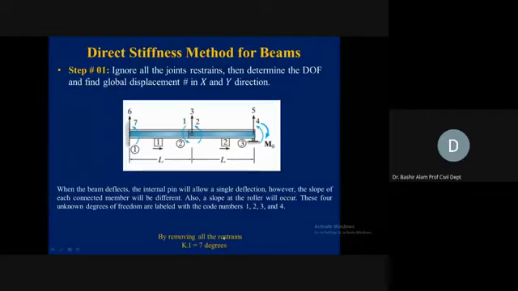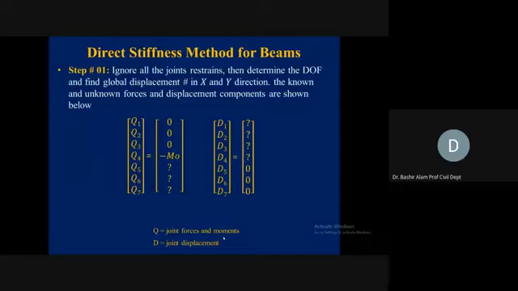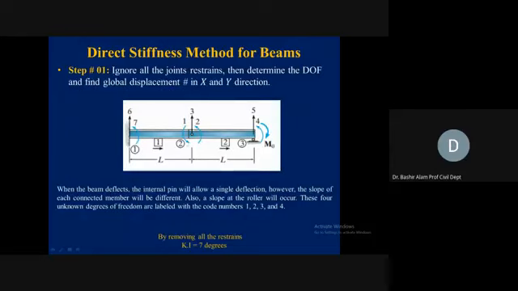Here you can read all the description by yourself. Now for Q1, let's start from the displacements. 4 displacements were free, as we discussed: 3 at the pin joint and 1 at joint 3, the rotation on the right. So we put them as question marks and the rest are 0.